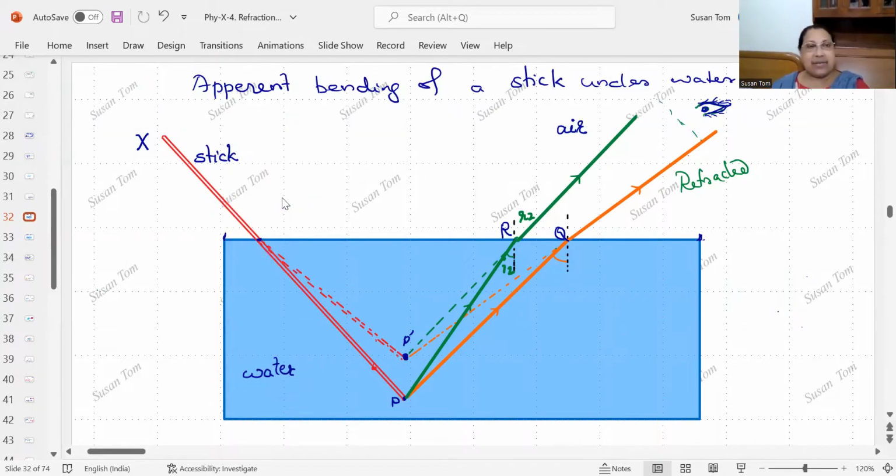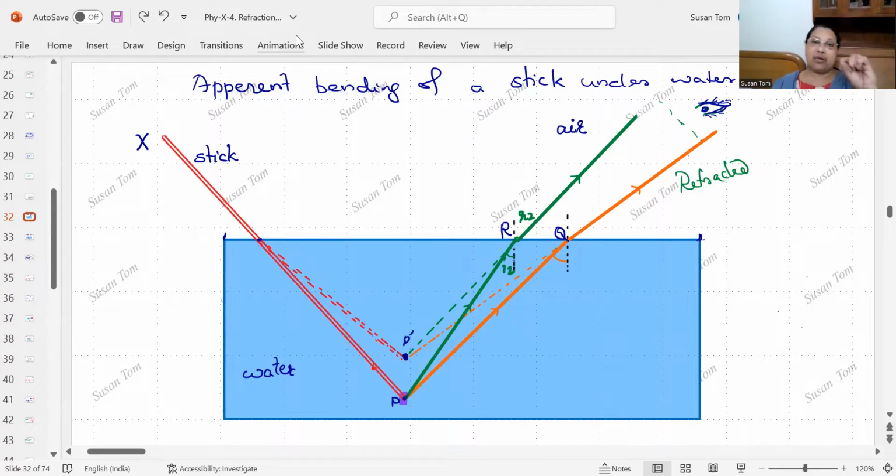consider the stick is kept here. It is X and the point at this place is P. P is the tip of the stick inside water. Consider two rays coming out of it, because to obtain an image, we need minimum two rays. In class 9's reflection chapter, you have studied it, children.